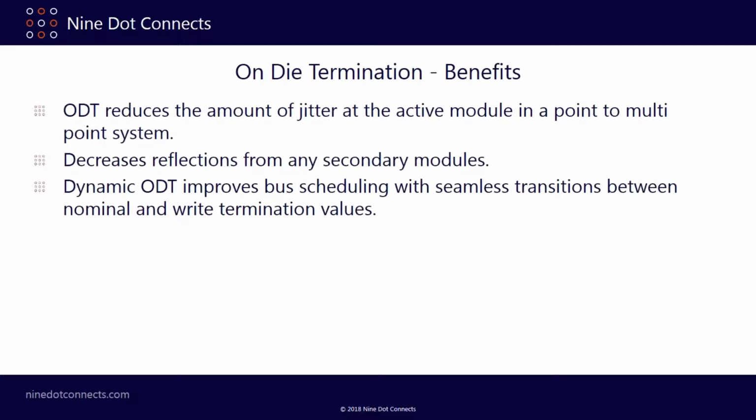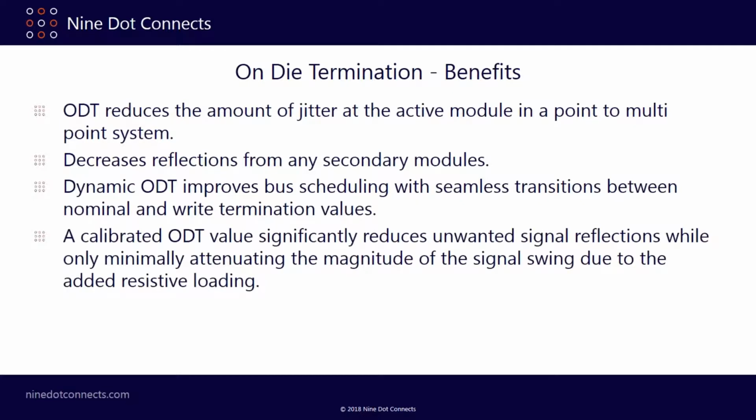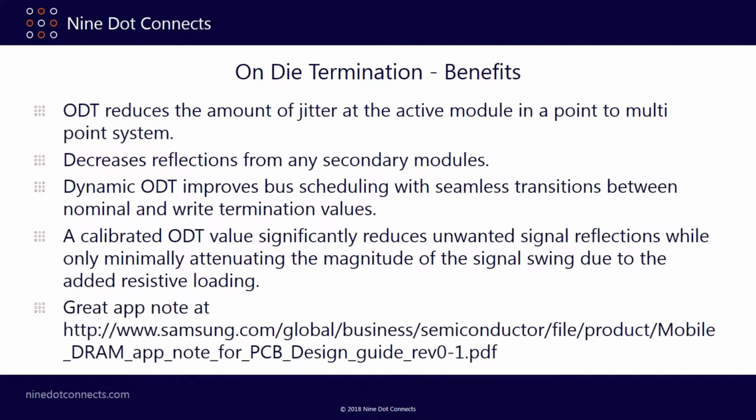The dynamic on-die termination also improves the bus scheduling with seamless transitions between nominal and write termination values. And the interesting thing about this is the calibrated value is going to significantly reduce unwanted signal reflections and yet create minimal attenuation of the magnitude of the signal swing due to this resistive loading.